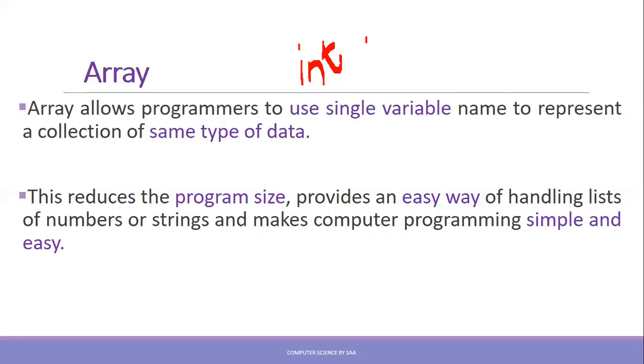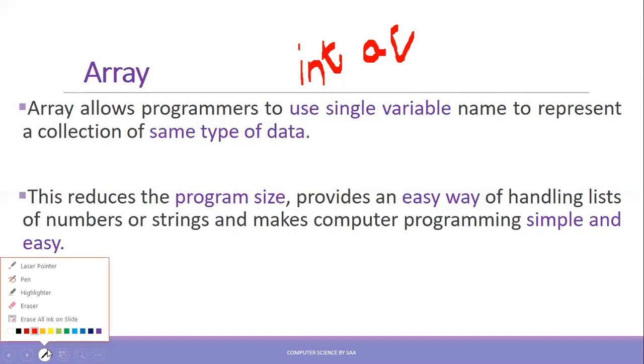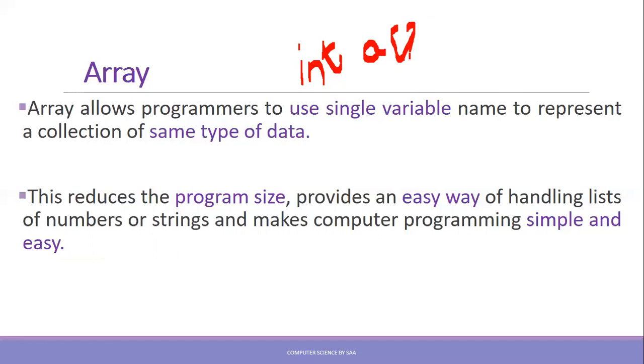We learned that we can declare an array by mentioning the data type, then the name of the array, then within square brackets we mention the size of the array, and then we close the square bracket and put the semicolon.